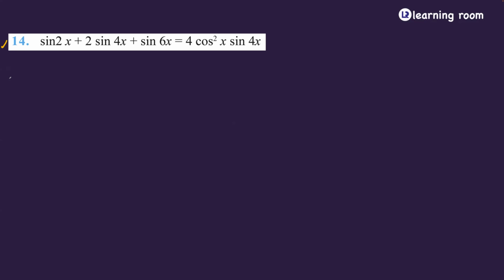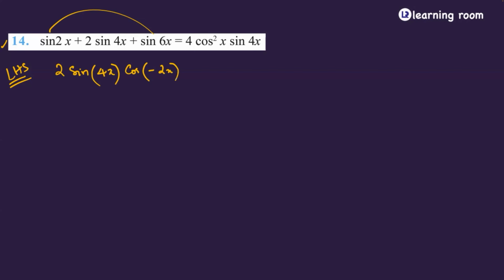So if I take the LHS, observe the terms that have the coefficient of sine as 1. Combine them. When you combine them, you will get 2 sine of (2x plus 6x) by 2, which is sine 4x, into cos of (2x minus 6x) by 2, which is minus 2x.